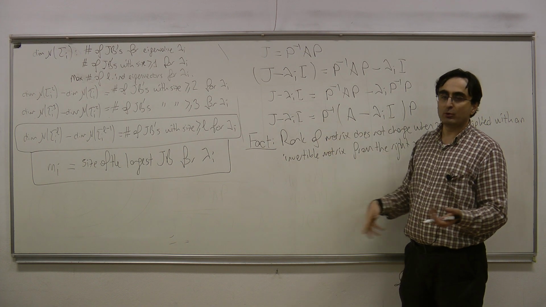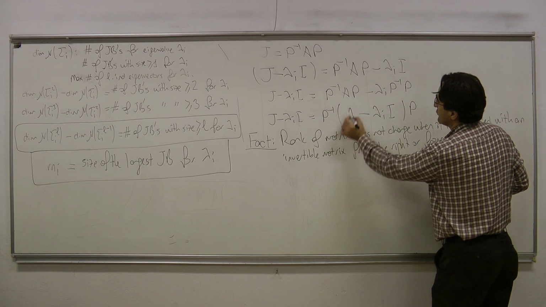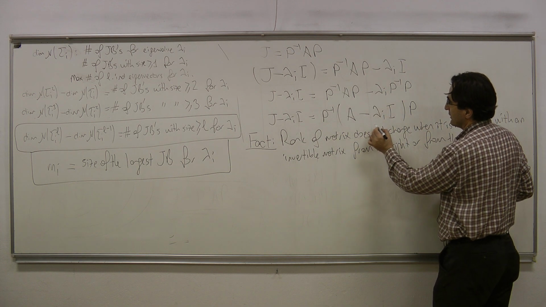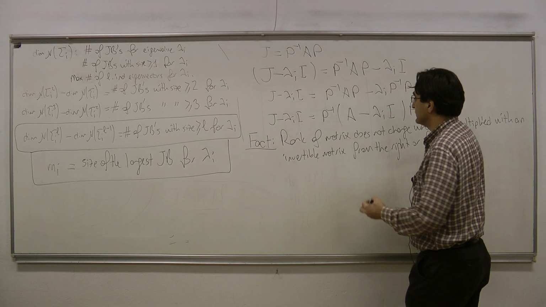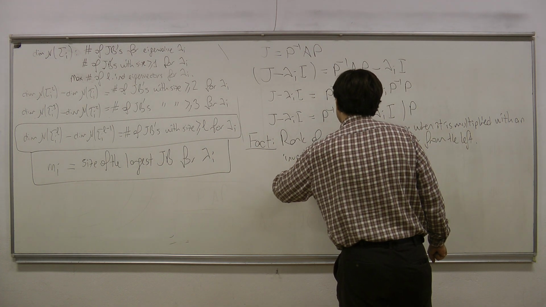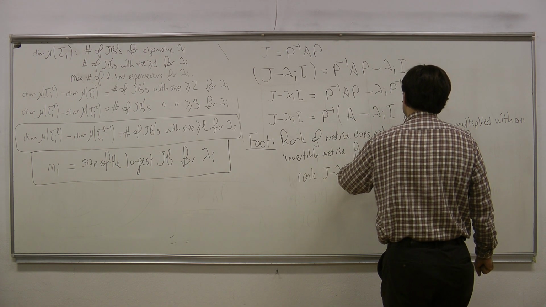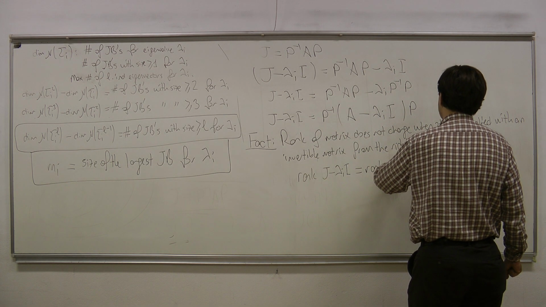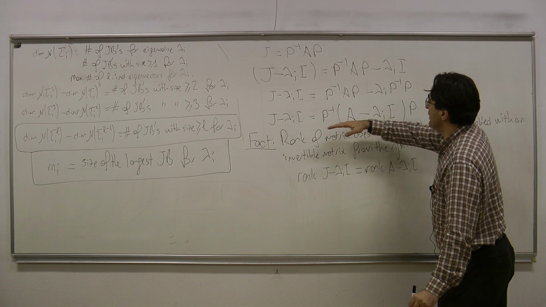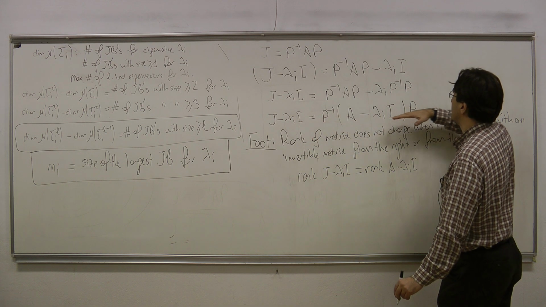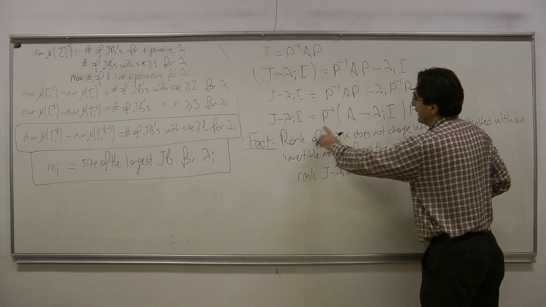P and P inverse are both invertible matrices. As a result, the rank of the matrix A minus lambda I identity is always going to be equal to the rank of J minus lambda I identity, because I have a matrix multiplied from the left with an invertible matrix and from the right with an invertible matrix. These multiplications do not change rank.